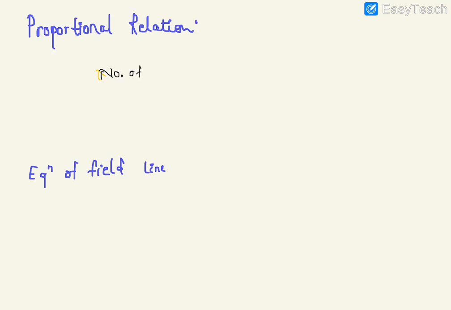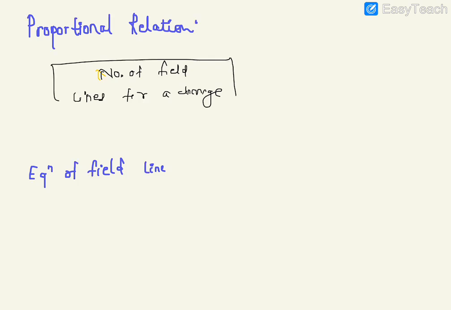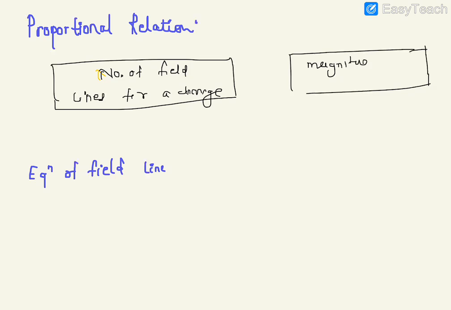The number of field lines for a charge, okay, this is one point, and the magnitude of charge, so these are proportional.